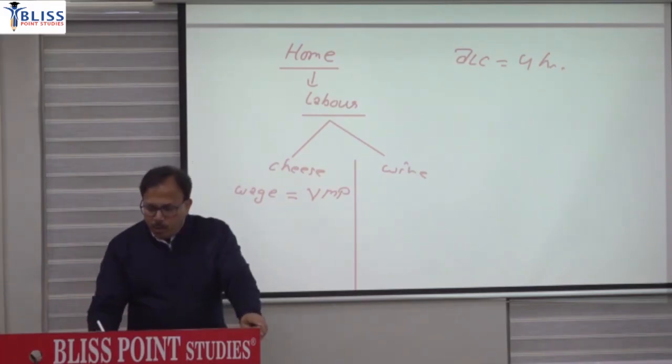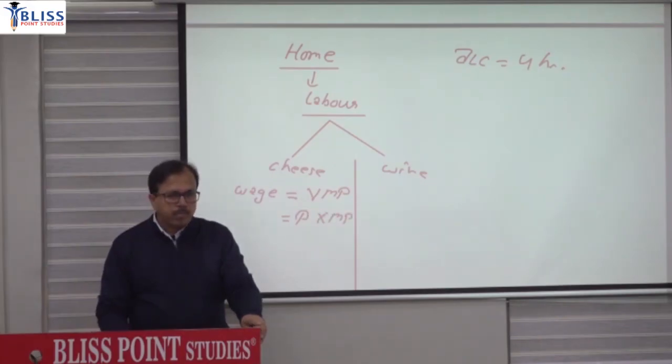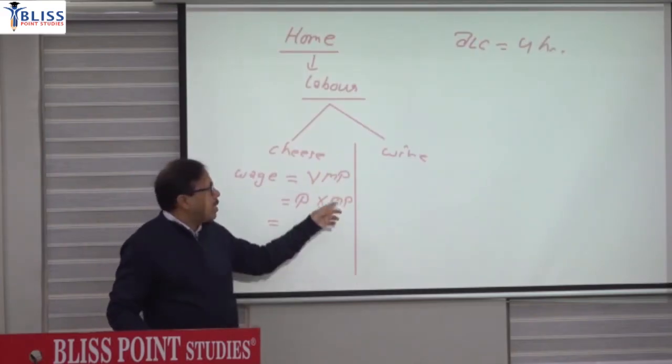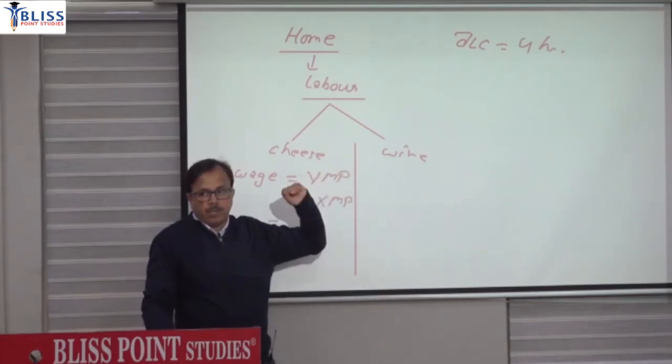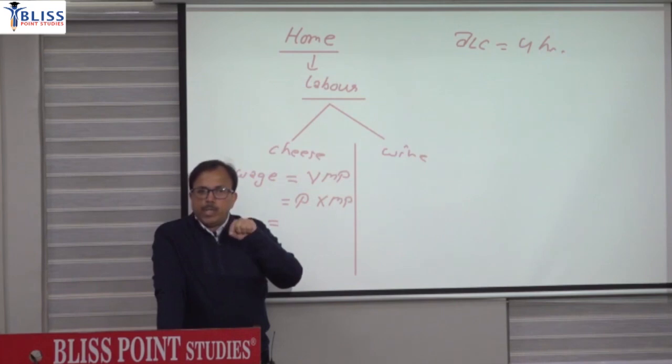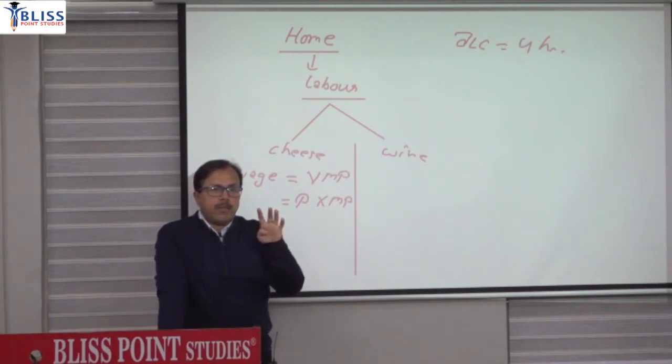So when you calculate value of marginal product, it is price of product multiplied by marginal product. So in place of marginal product, what will you write? Is marginal product ALC or 1/ALC? 1/ALC. Again I repeat, ALC is unit labor requirement. To produce 1 unit, it will take 4 hours.